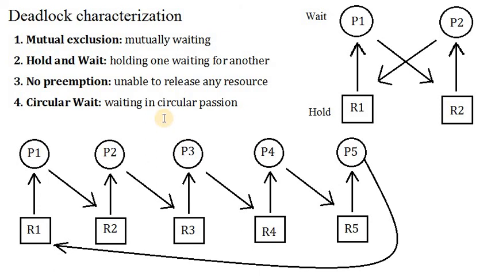Whenever a deadlock has occurred, it has to be detected and we need to recover from it. Otherwise, our system will stay in the deadlocked state and no other process is going to complete its execution. So we must detect it, and later recover from the deadlock situation in our system.